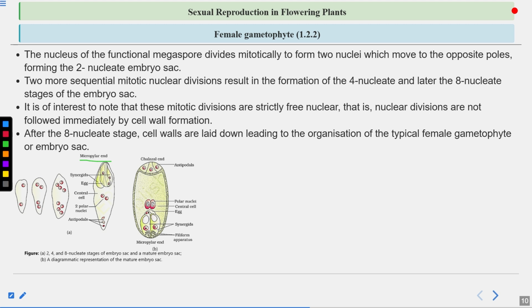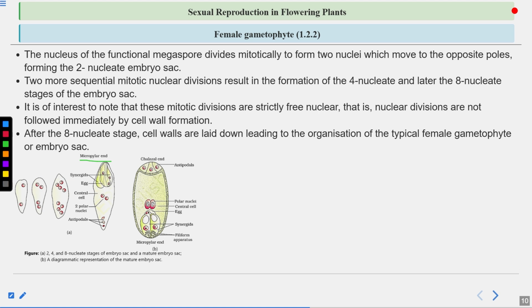After the triple fusion, there is a 3N nucleus, and that central cell will now be called the primary endosperm cell. PEN means primary endosperm nucleus. That nucleus is called the primary endosperm nucleus.